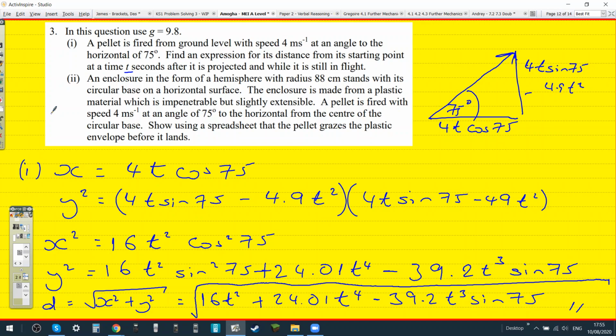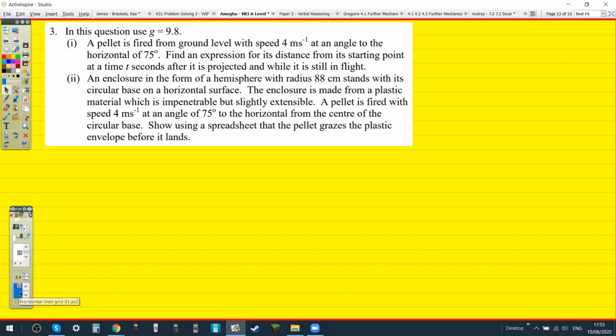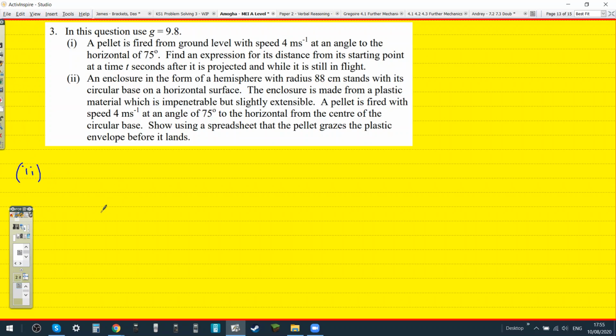An enclosure in the form of a hemisphere with a radius of 88 stands with its circular base. Hang on, so let me just... Okay. I think you basically want to show that it traveled 44 centimeters.